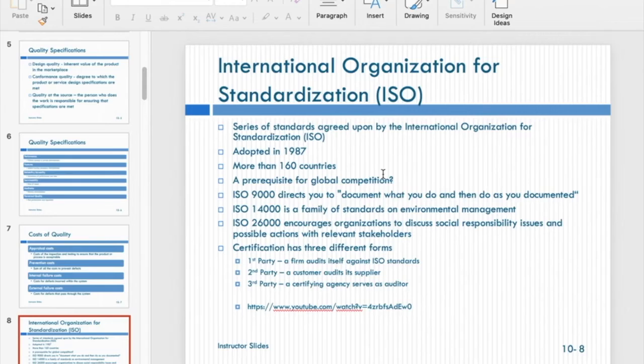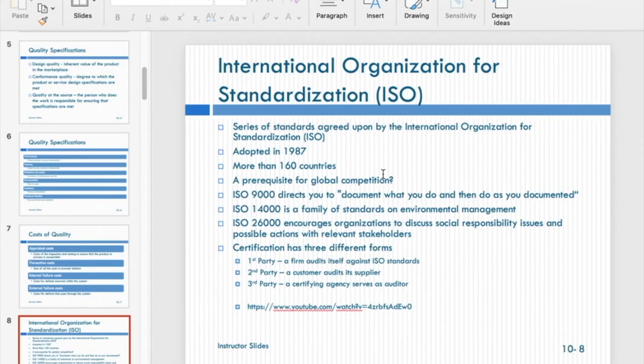We're not talking about all those ISO criteria today. We will briefly talk about 3 different criteria that are related to quality management. ISO 9000, ISO 14000, ISO 26000: although they're all related to quality, they have their own target and focus.